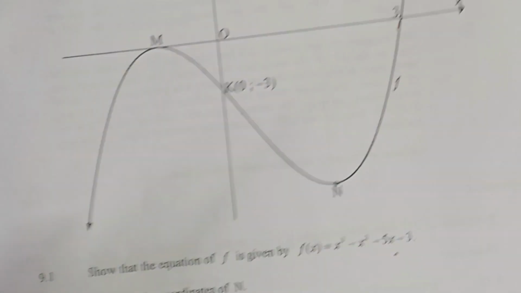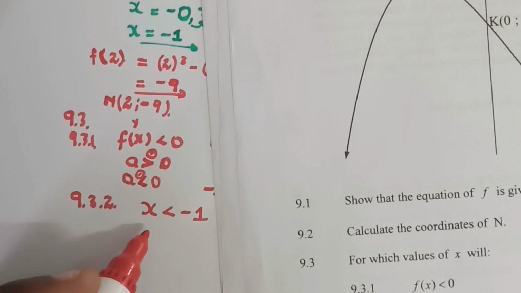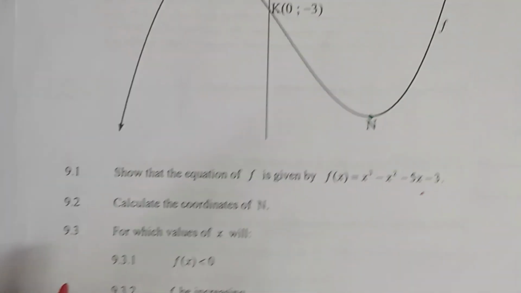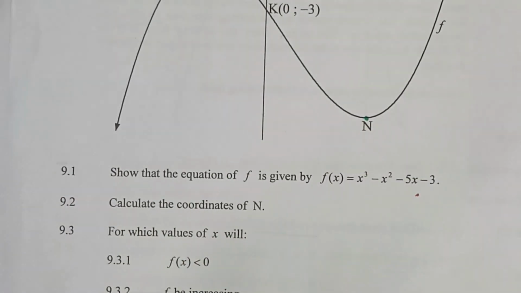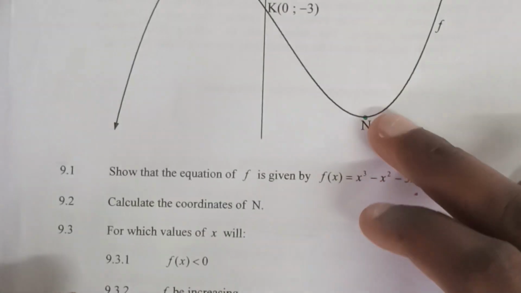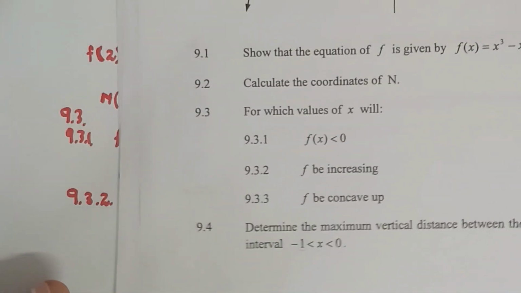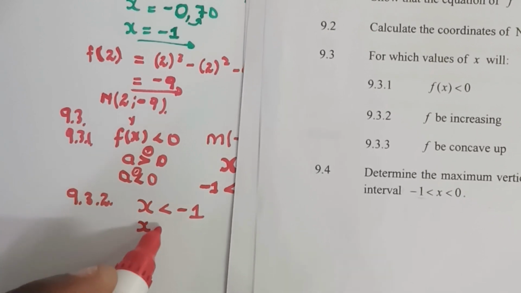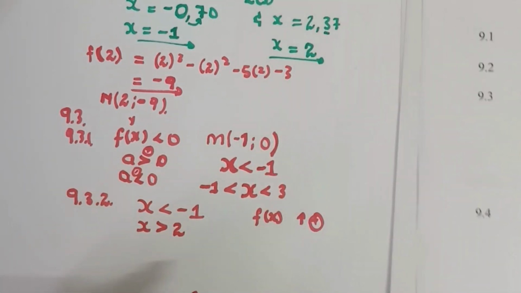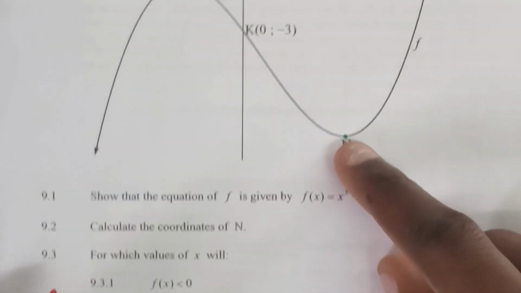So let's say n here, the x value for n. They ask us for which values of x, so we're going to focus on the values of x when we write the notation for the values that are increasing. So x should be greater than positive 2 now. So hope you see that. It should be greater than positive 2.